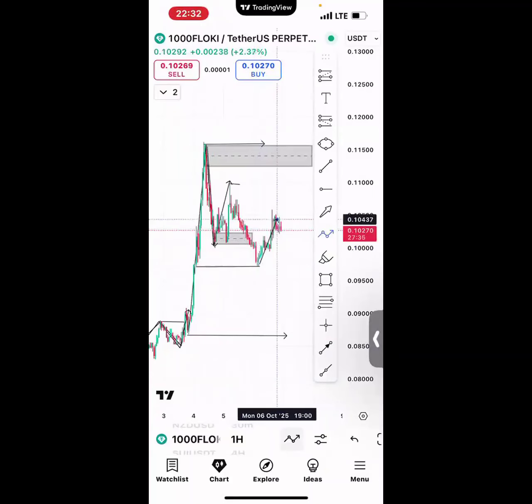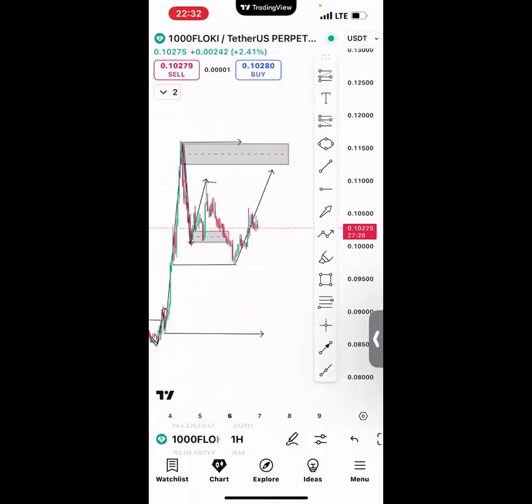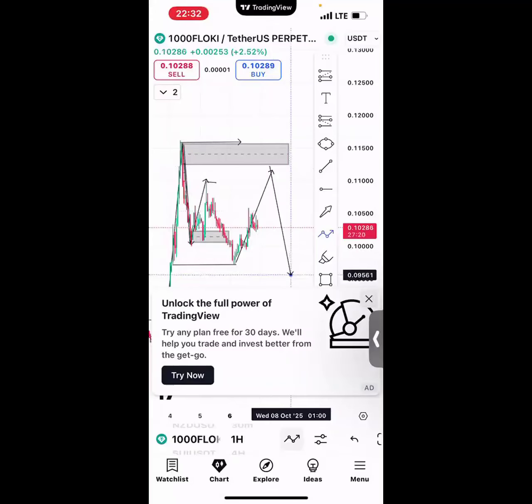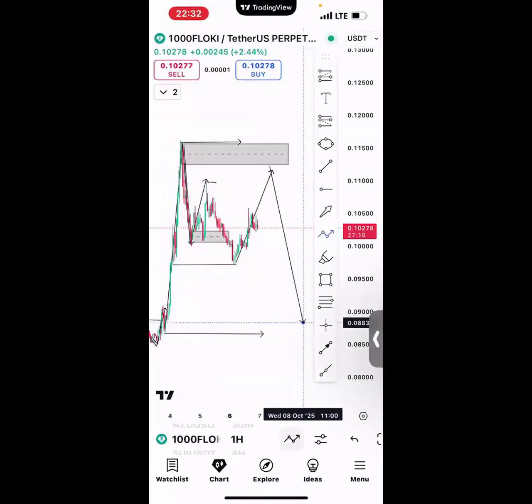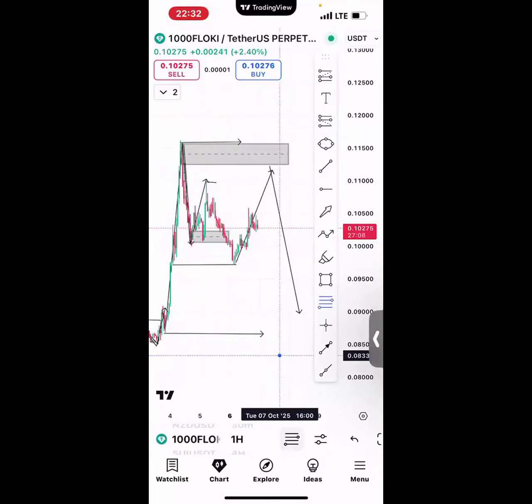This was likely to happen: come here to this order block, take it, and then come and break this structure again, and then probably like this. You understand? And come downside. So this market is in a downtrend, and there's this order block.